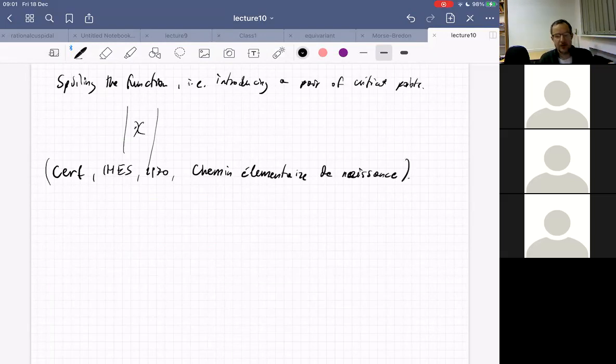That elementary path of birth. Cerf also uses elementary path of death, and I like the connection of the sound of it with Indiana Jones movies.